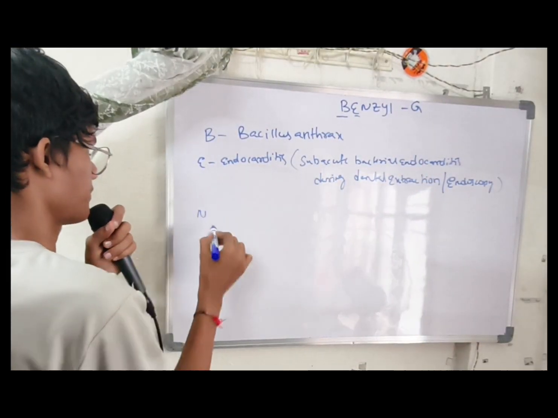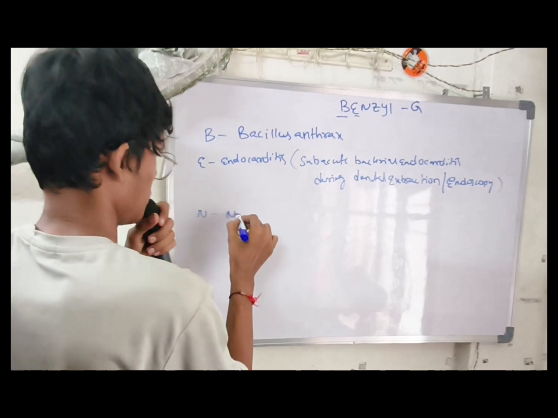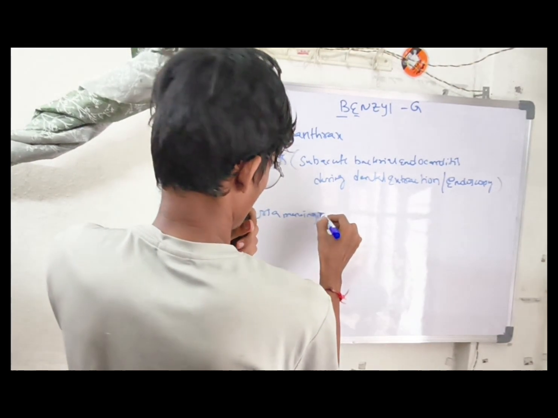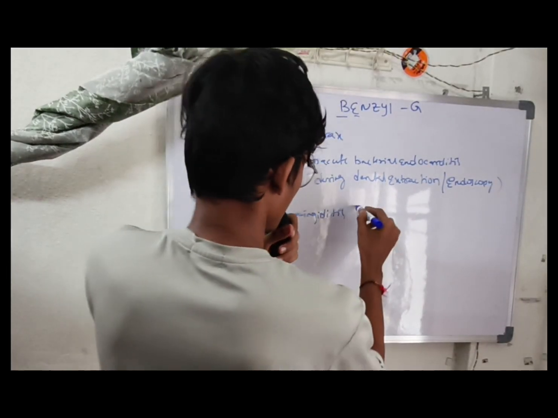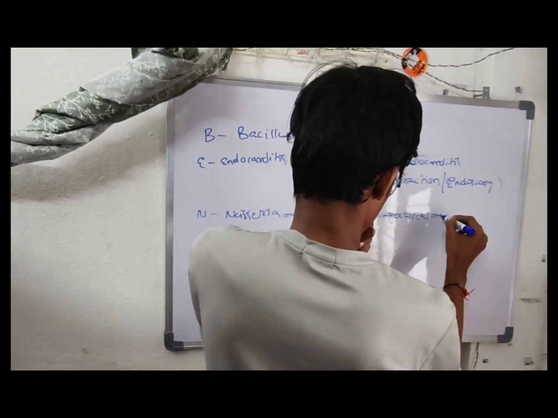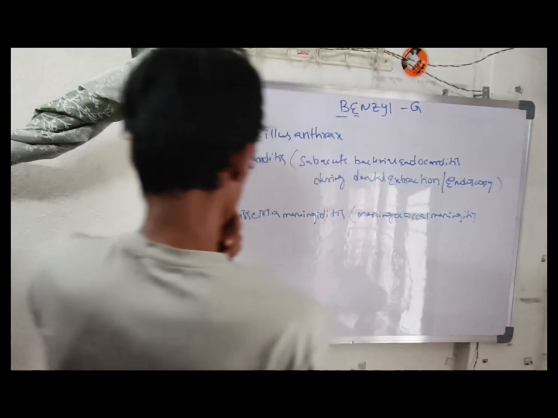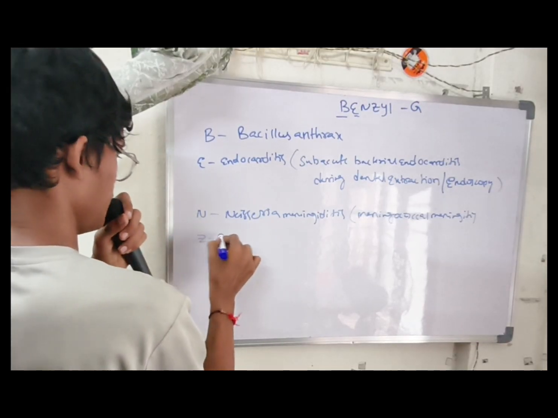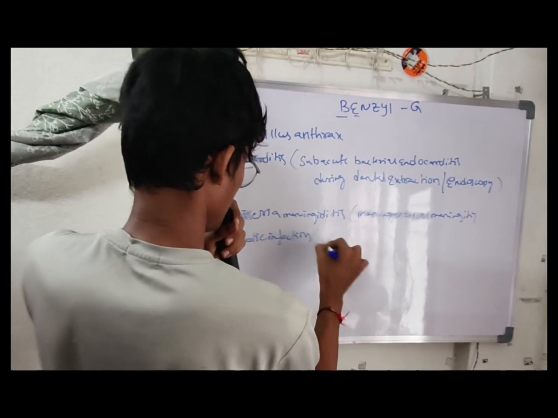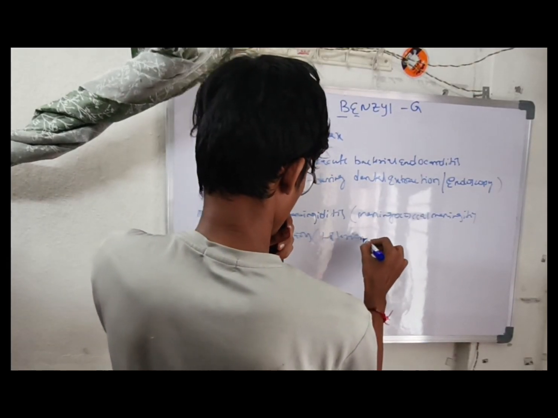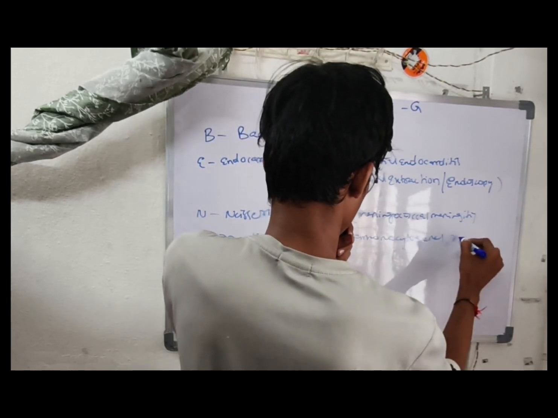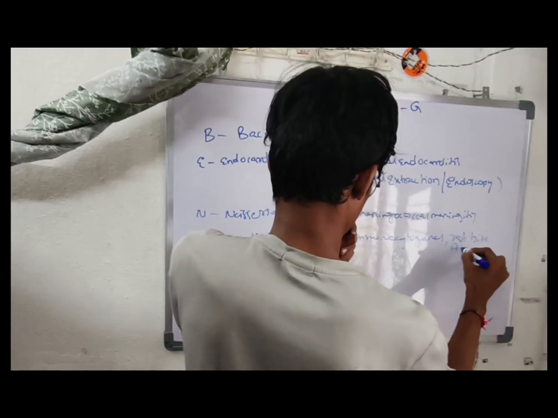And N for Neisseria meningitis, that is meningococcal meningitis. Then Z for zoonotic infections like Listeria monocytogenes and rat bite fever.